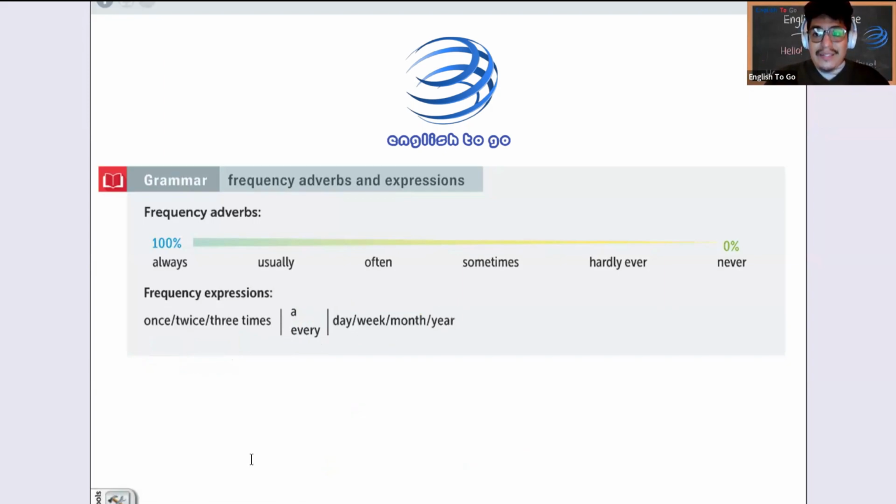Can you write, please, 3 ideas using frequency expressions? Think about an activity that you do once a day, or maybe once a week, once a month, or once a year.